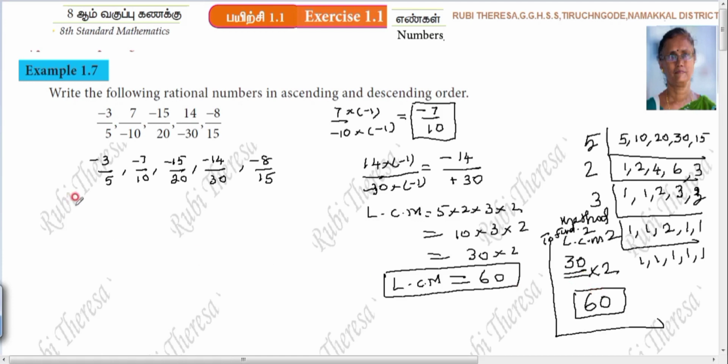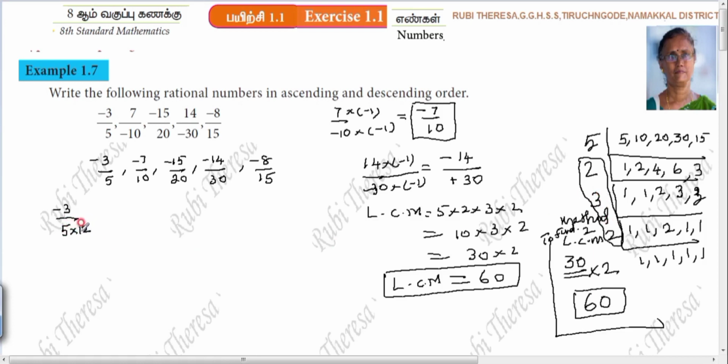So first one, minus 3 by 5. You have to get 60. Suppose you are taking this method. 2 3s are 6, 6 2s are 12. So 5 into 12.